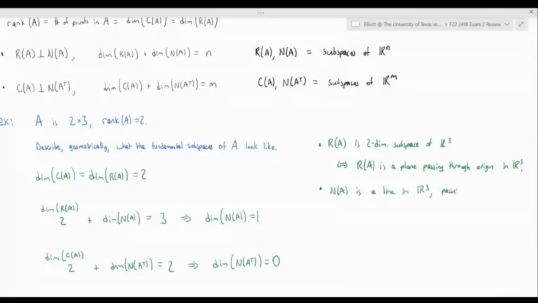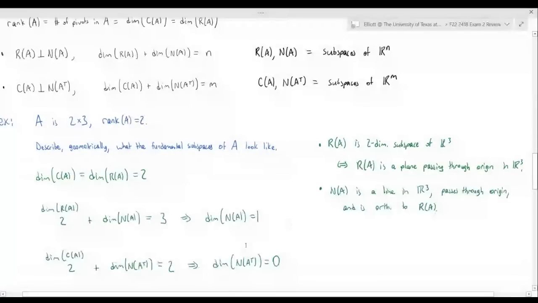Again, it passes through the origin because it's a subspace, so it has to contain the 0 vector. And the line is going to be orthogonal to the row space.